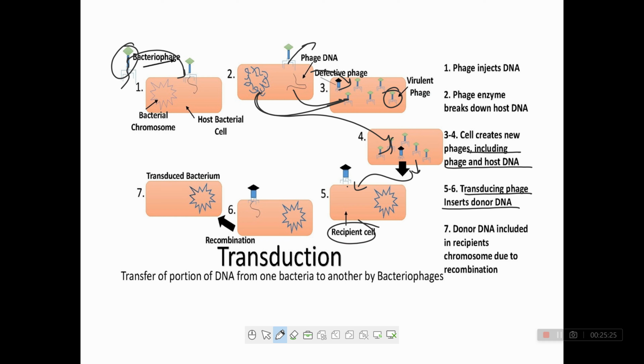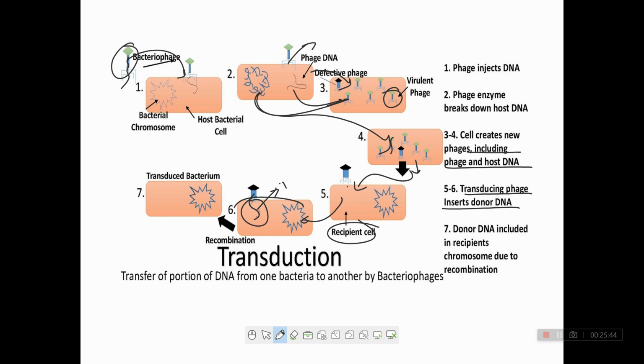This is a recipient cell. After attacking the recipient cell, they transfer their genetic material, and this genetic material contains both phage DNA and donor DNA of the bacterial cell.